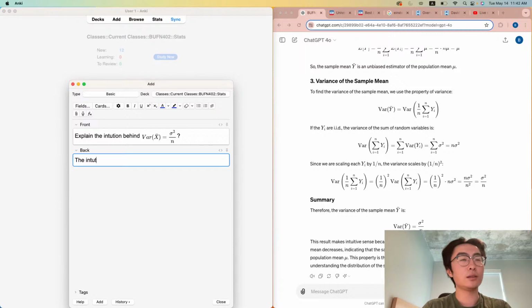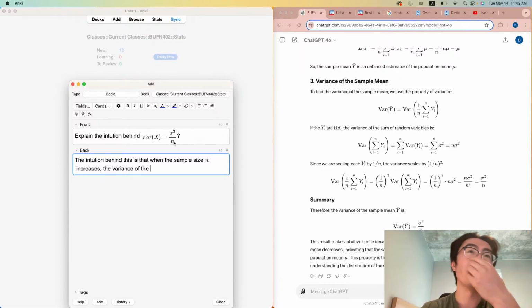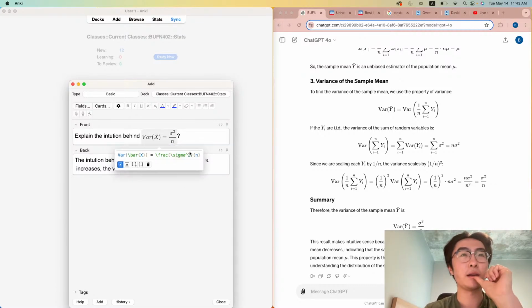So the intuition behind this is that when the sample size n increases, the variance of the sample mean decreases. If the sample size is exactly 1, then the variance of our sample mean is exactly equal to the variance of the data. But if n becomes infinity, that means it's 0.